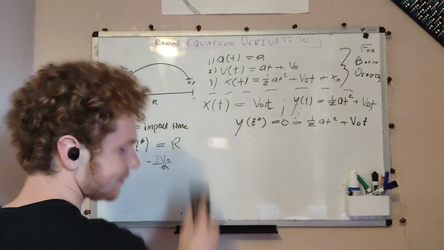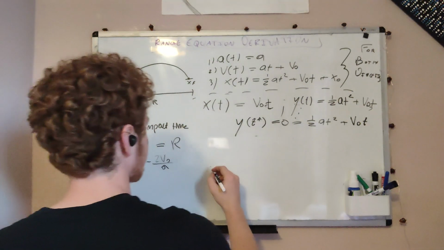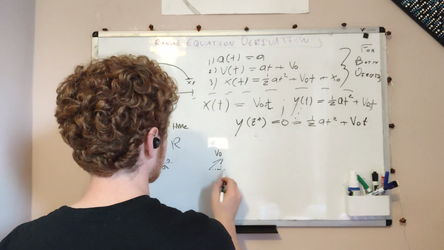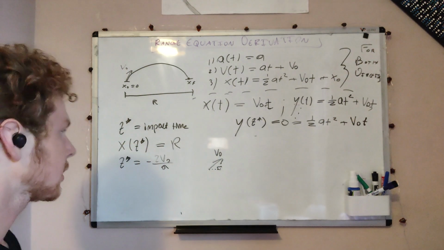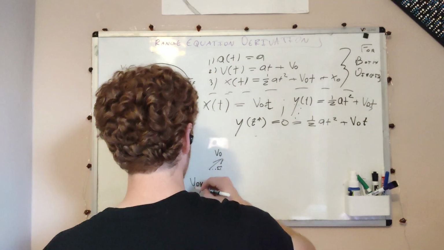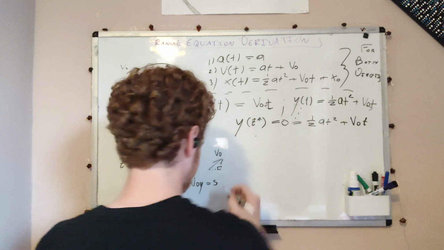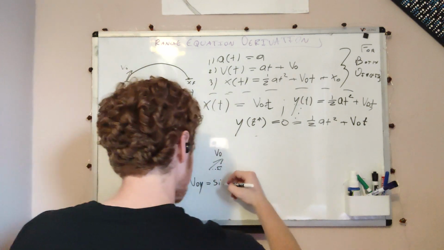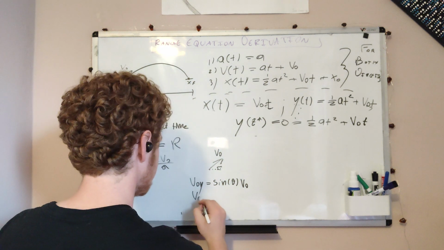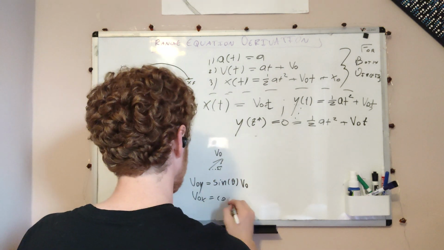So if you look at our initial velocity here, of course using simple trig, you find that v naught y is just sine theta times v naught, and v naught x is cosine theta times v naught.